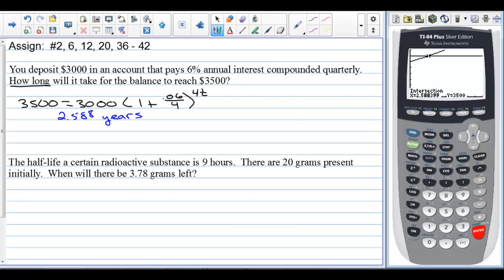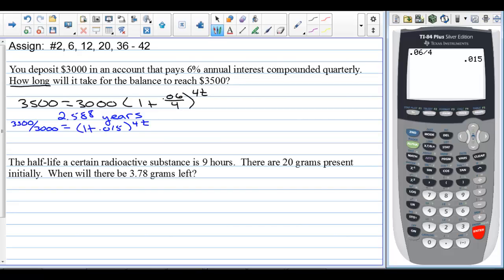But I want to show you how to do this with logs instead of graphing, in case you prefer this. We have 3,500 divided by 3,000 equals 1 plus 0.06 divided by 4, which is 0.015, to the 4t.